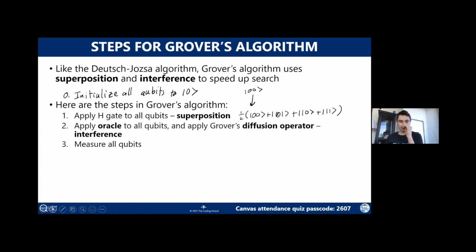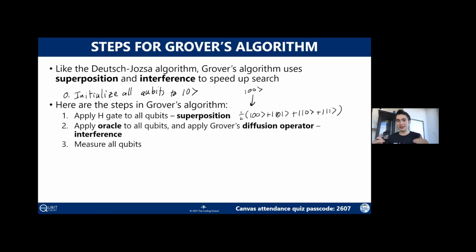Now, at a high level, with both Deutsch-Jozsa and Grover search, this interaction between superposition and interference can roughly be thought of as, going into superposition means you create this uniform superposition over all possible inputs. Then you're going to apply the oracle to that superposition.